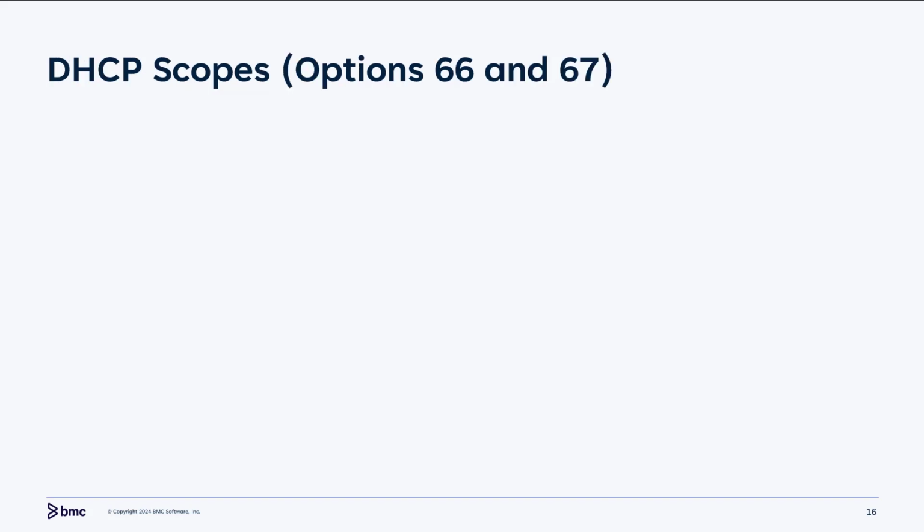DHCP scopes, options 66 and 67. Option 66 corresponds to the boot server host name, whereas option 67 corresponds to the boot file name.